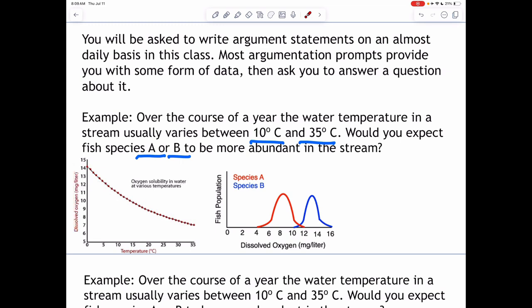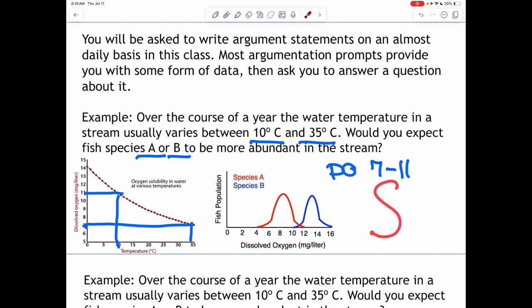So we have a temperature of 10 and 35, which means that our dissolved oxygen level is going to be at 11 and 7. So we have a DO of 7 through 11.